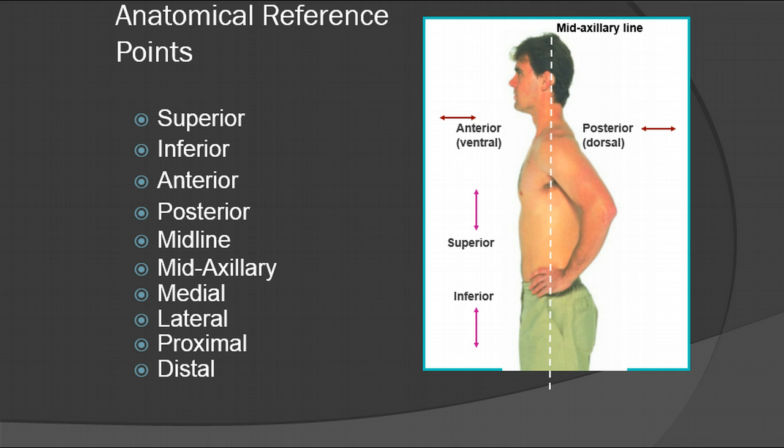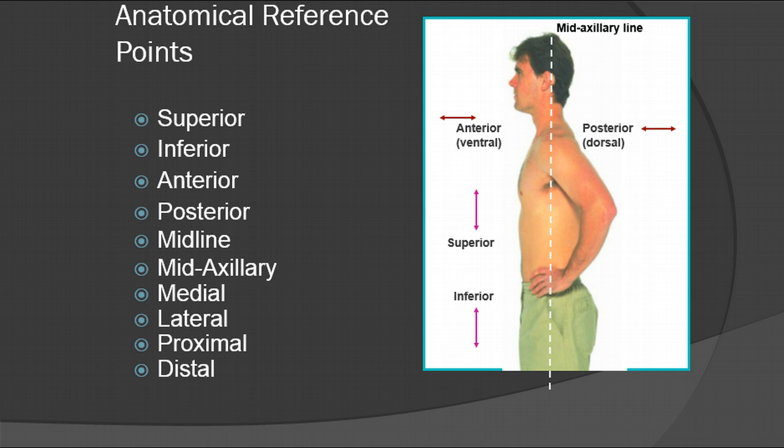So anterior would be to the front of, posterior is to the back, and then we have midline and mid-axillary, and you can see that here on the picture. And medial and lateral, proximal, distal. Remember, with all of these points that we're discussing right here, they're points of reference that you have to have in order to state these terminologies.